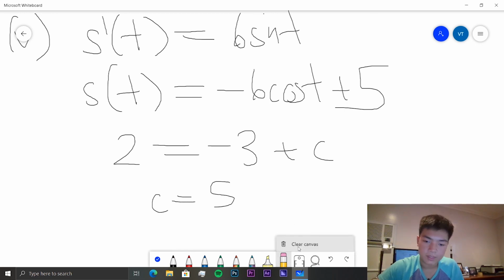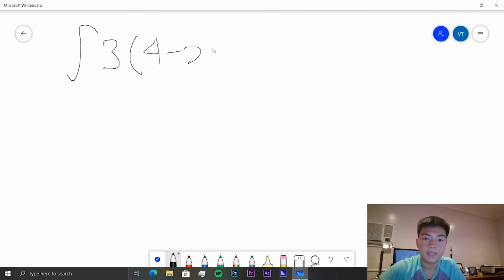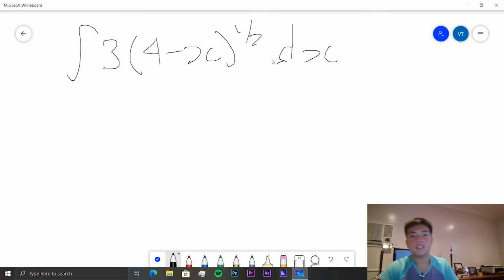We have, I think, 2 more questions. The first one is integrate the following: 3 times 4 minus x to the 1/2 dx. So we need to integrate this function. How we're going to do that is we can just use reverse chain rule on the spot.